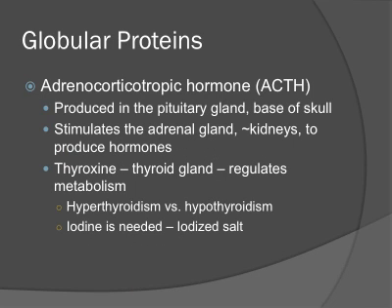Some more examples are adrenocorticotropic hormone, which is ACTH. This is produced in your pituitary gland, which is at the base of your skull. This hormone stimulates your adrenal gland, which is close to your kidneys, and tells it to produce hormones.